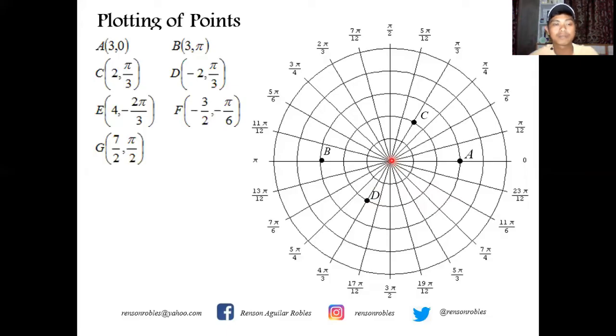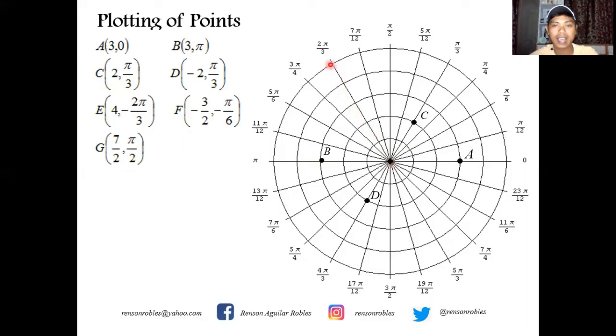Next, point E is 4, negative pi over 3. Again, this is your angle theta, negative. So to look for the angle theta, you do it in clockwise direction from this point going to this point. Okay, so this is what we're going to do. If you want to look for negative 2 pi over 3, you look for 2 pi over 3, and then locate its reflection over this line.